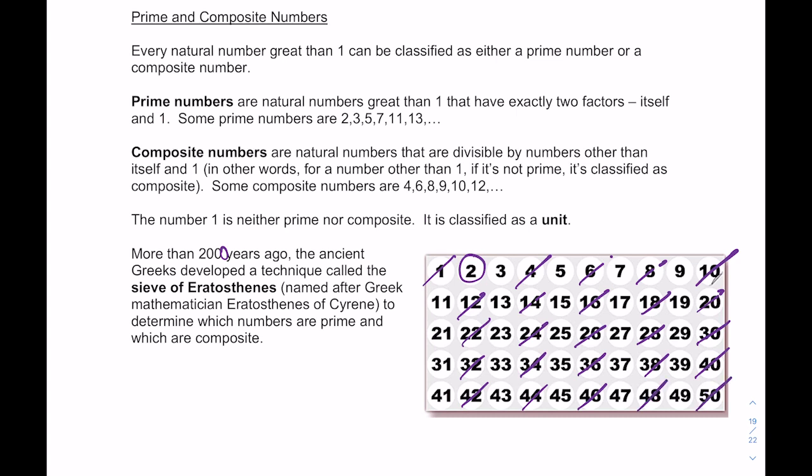Then you circle 3, so the next number. And you cross out all its multiples that haven't been crossed out yet. So 3 times 2 is 6, 3 times 3 is 9.